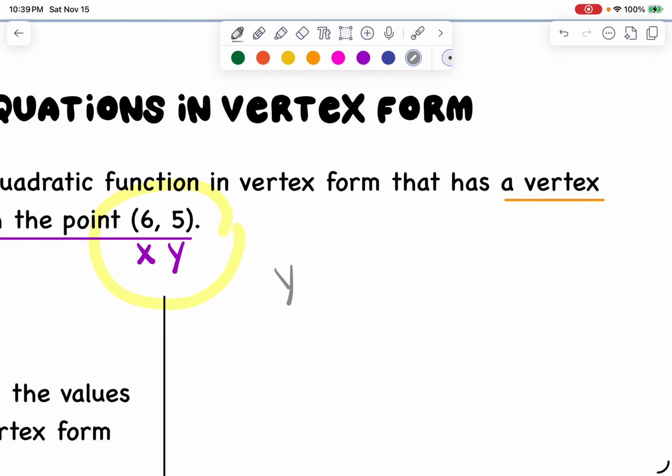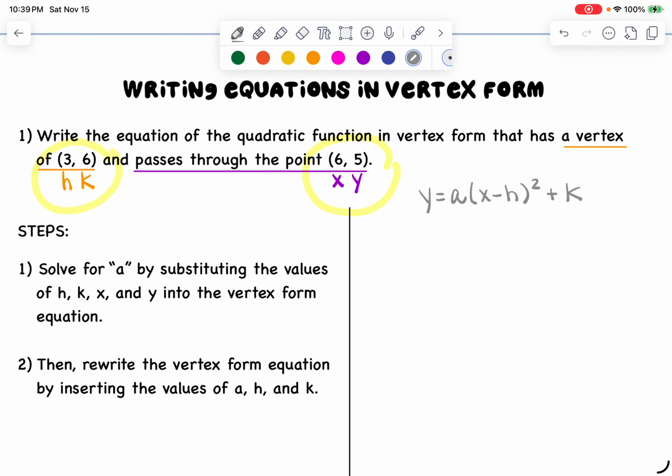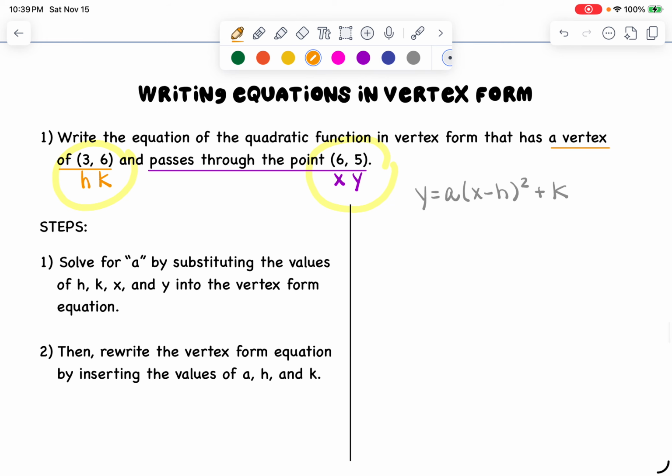So remember, vertex form is y equals a(x minus h) squared plus k, right? That's vertex form. And look at everything we have. We were given the vertex, which is an h, k. I'm going to underline those.